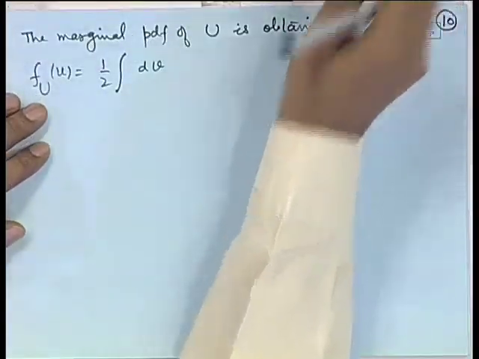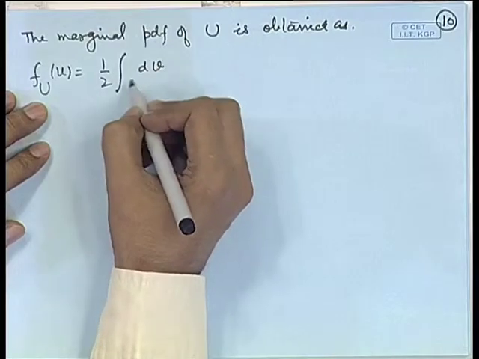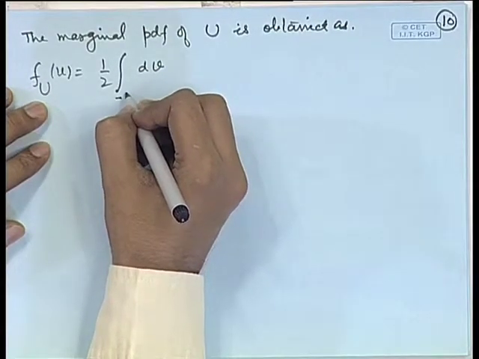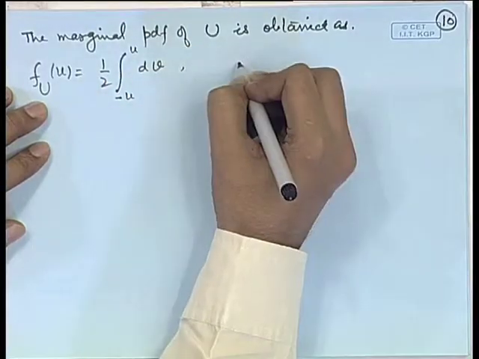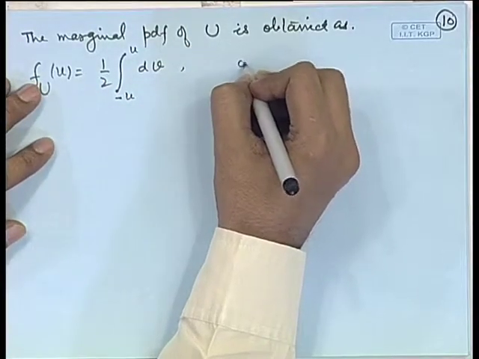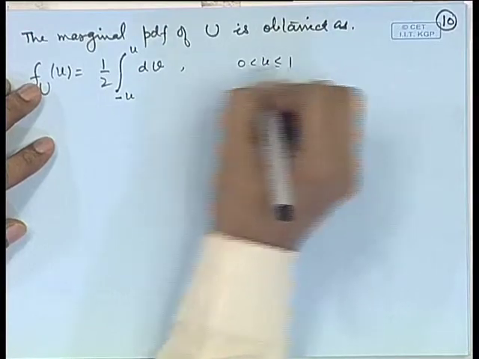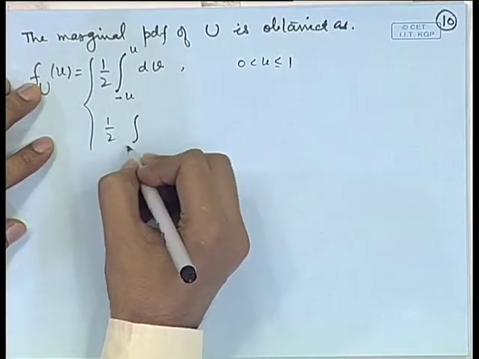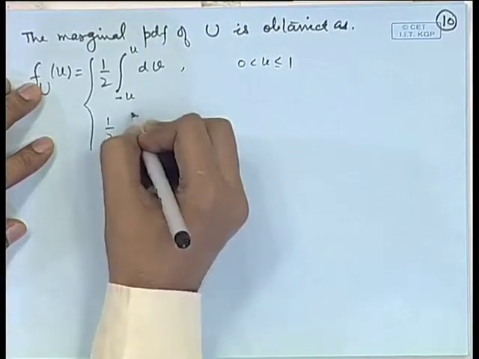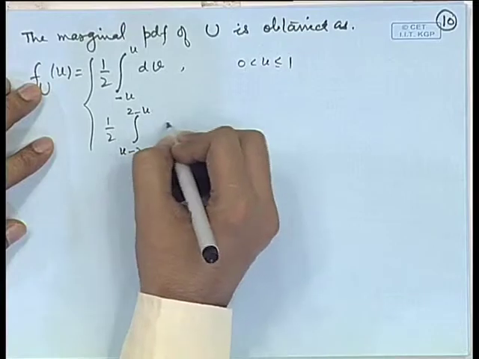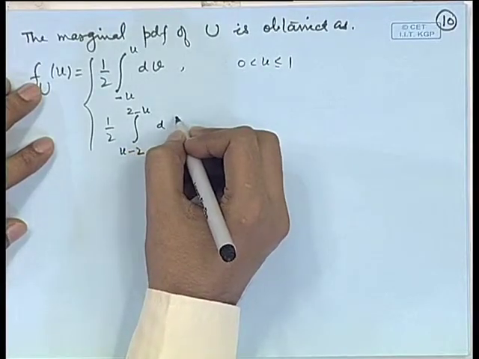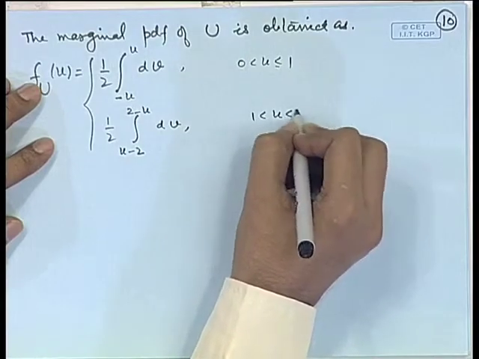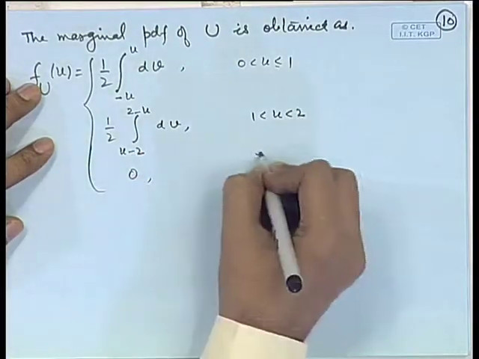So, if we determine the region, it is half integral from minus u to u, d v, if u is between 0 to 1, and half integral from u minus 2 to 2 minus u, d v, if u is between 1 and 2, and 0 elsewhere.